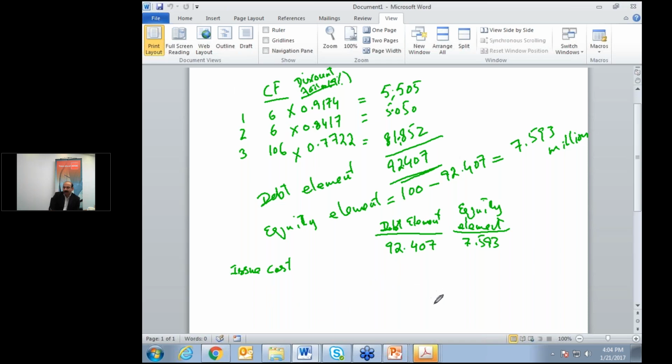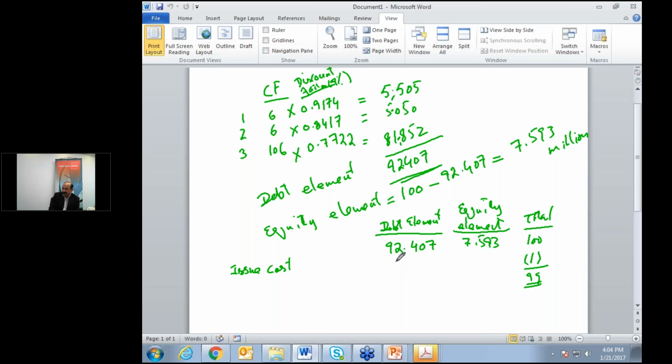Okay, issue cost is 1 million. 1 million is the issue cost, and the total of this is 100. This is the total column. Now we shall allocate this 1 million to the debt element and the equity element. So this 1 million will be allocated on a pro rata basis in their respective ratio.